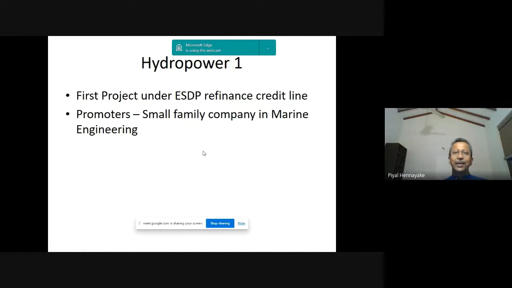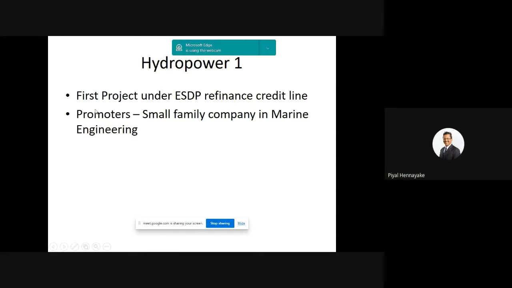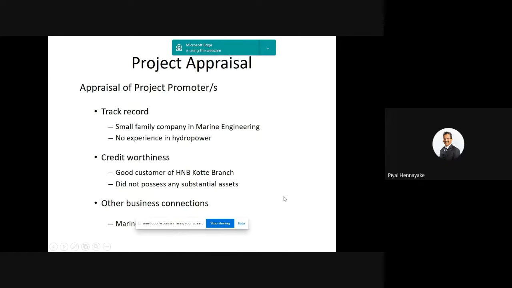Because you can learn from this, which will be helpful for your work as well as maybe the exam. So this was a promoter, a small family company in marine engineering. In project appraisal, we have to check the track record, appraisal of project promoters, their track record.